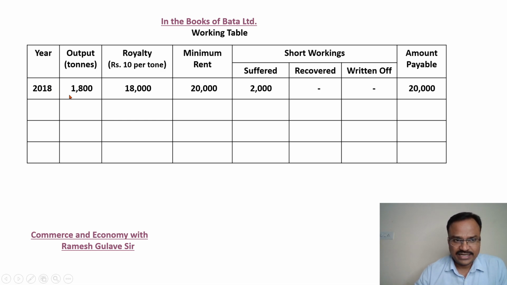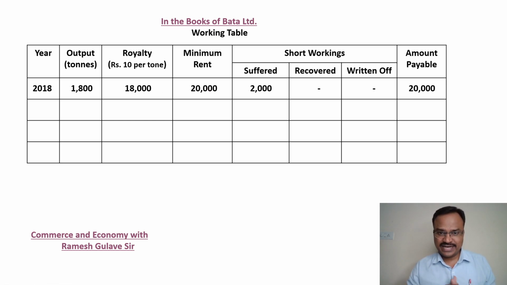So here for the first year output is 1,800 tons, royalty 18,000. Then the amount of minimum rent given in the question is 20,000, and because of that the short workings are there, right? One more time I would like to explain this concept, friends.